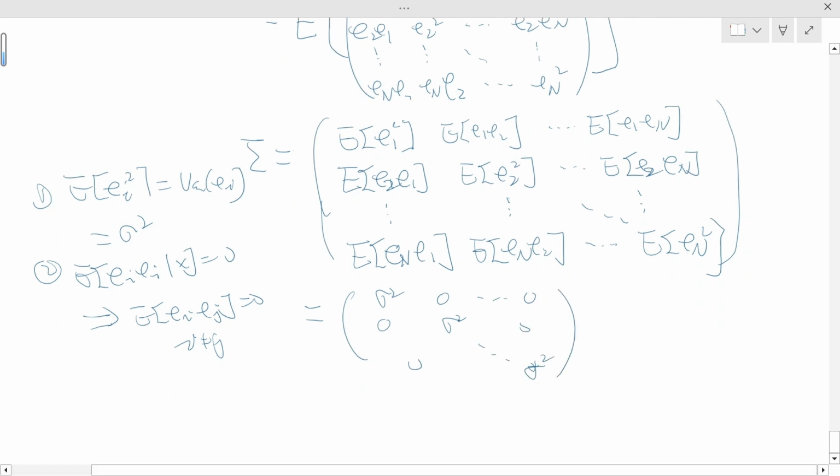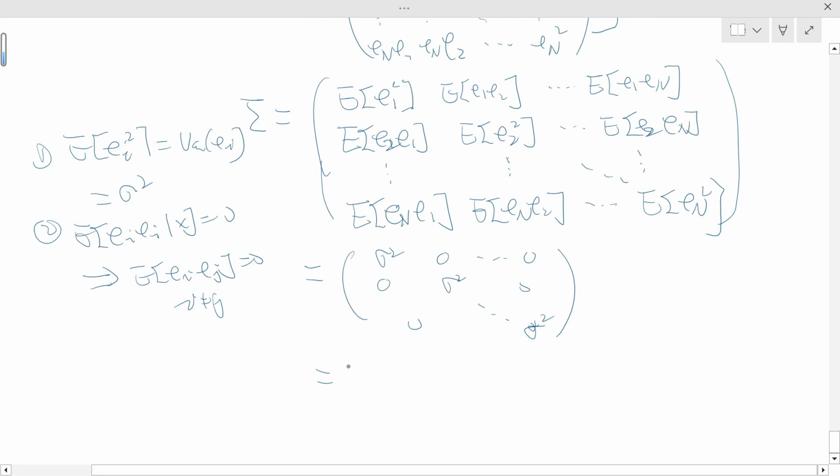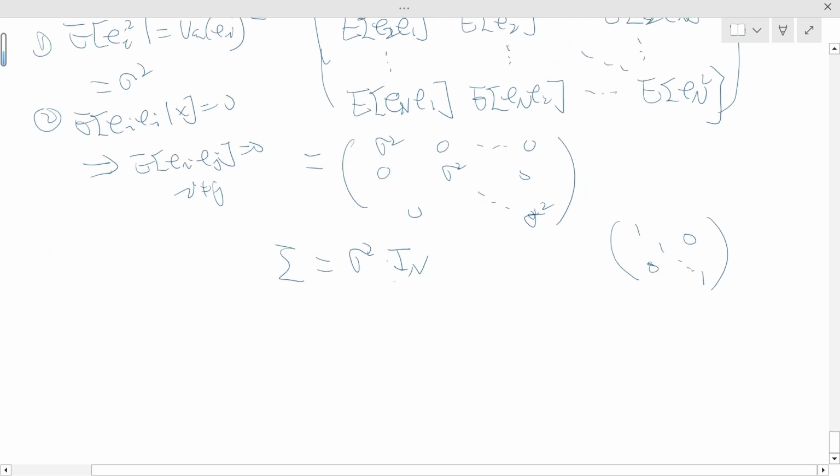We can factor out sigma squared times what is called the n by n identity matrix, which has ones on the diagonal and 0 in other places. So epsilon is normally distributed with mean 0 and variance covariance matrix sigma squared times I n.